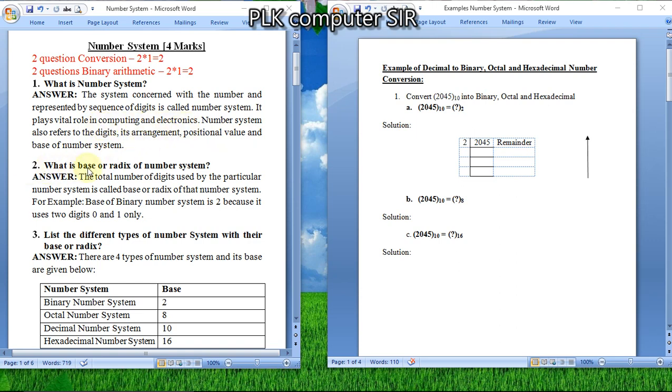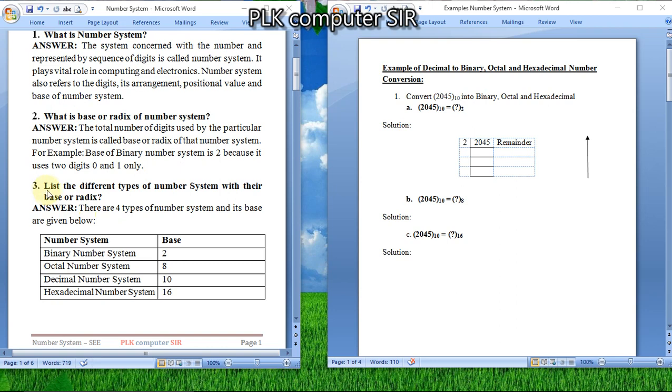Question number 2, what is base or radix of number system? Answer: the total number of digits used by a particular number system is called the base or radix of that number system. For example, the base of the binary number system is 2 because it uses only 2 digits, that is 0 and 1. Question number 3, list the different types of number system with their base or radix.